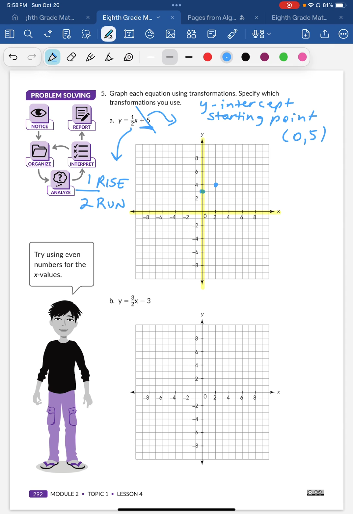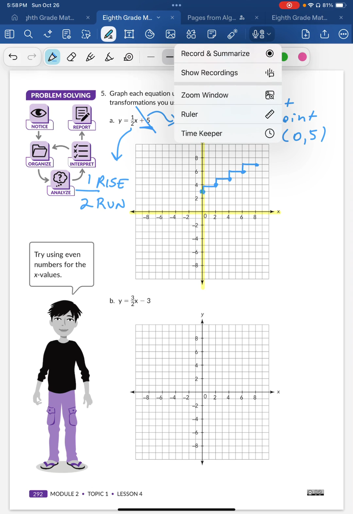I'm going to rise 1 and run 2 and put me right there. Rise 1, run 2. I should have shown it that first time. And then rise 1, run 2. So there's several points. Let me graph my line now.